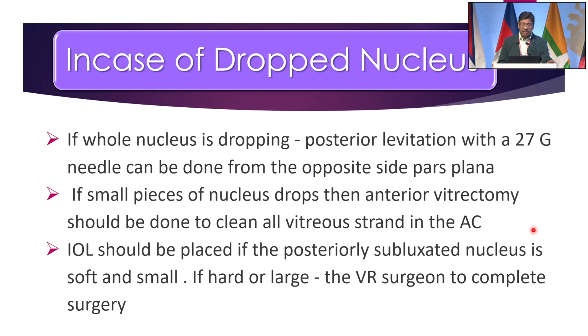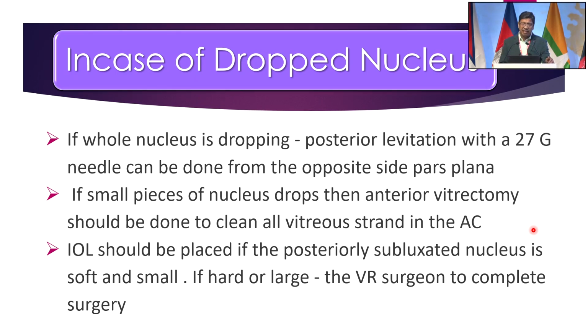So in case the nucleus is dropping, if it is a large whole nucleus dropping, a posterior levitation is done with a 26-gauge needle from the opposite side pars plana, and it is lifted into the antechamber. If small pieces are dropping, then we do the vitrectomy and put a lens as the judgment gives. If it is a small and soft piece, the lens is fixed.